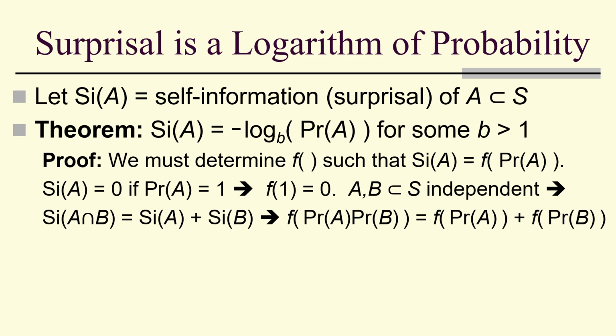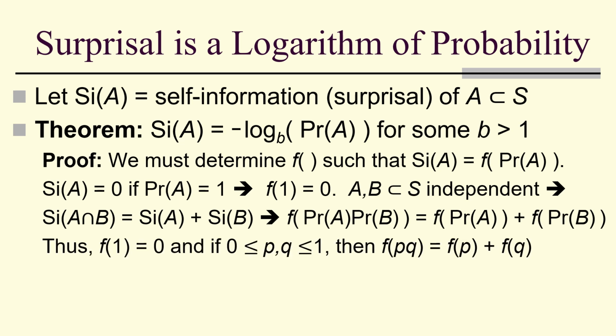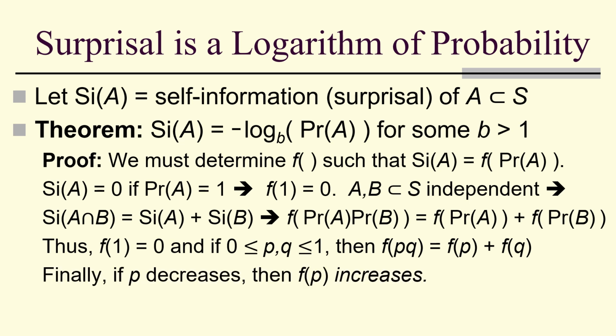In other words, the function of the product of the probabilities is the sum of the functions of the probabilities respectively. So f of 1 is 0, and if 0 is less than or equal to p, q less than or equal to 1, then f of pq is f of p plus f of q. And if p decreases, then f of p increases. So this is probability goes down, surprisal goes up.